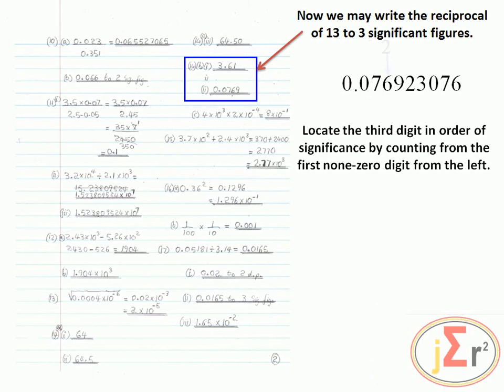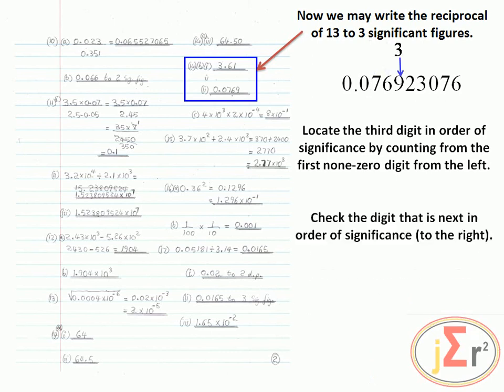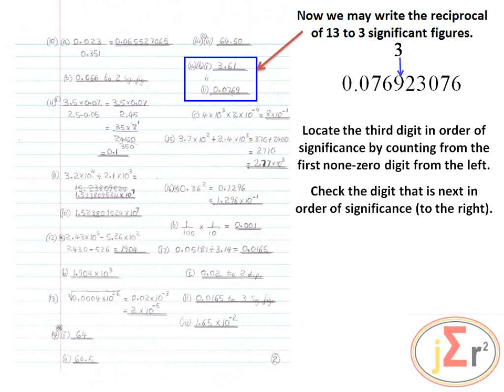There. 2, 3. Check the digit that is next in order of significance, the one that is to the immediate right of that one. The digit is 2. 2 is less than 5.